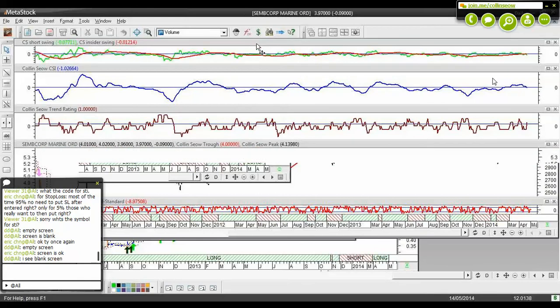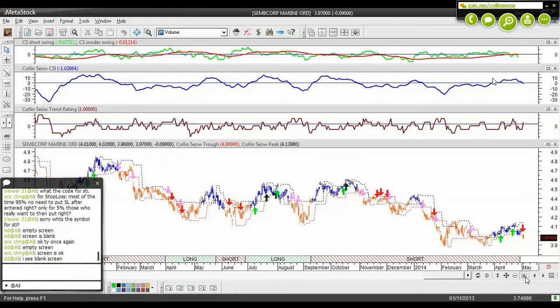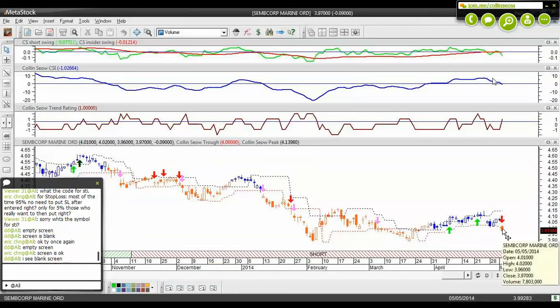Sembawang Marine. Okay. This is a good signal. Okay, we have up, and then there is a down arrow with trend rating, and it's the very first signal. Okay, so this is quite a valid sell signal.